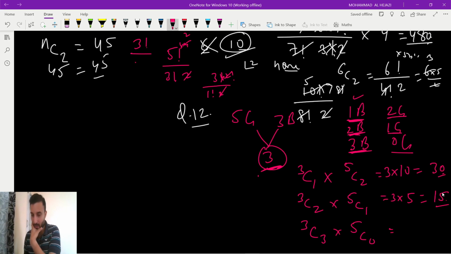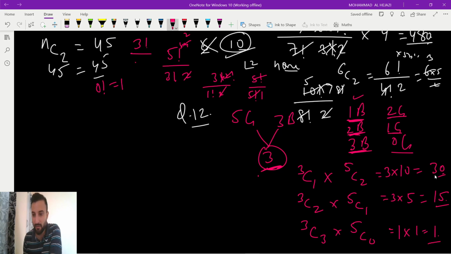Next we will do 3C3. 3C3 is 1 into 5C0. 5C0 means 5 factorial divided by (5 minus 0) factorial, which is the same 5 factorial, and 0 factorial is 1, remember that. So the answer is 1.